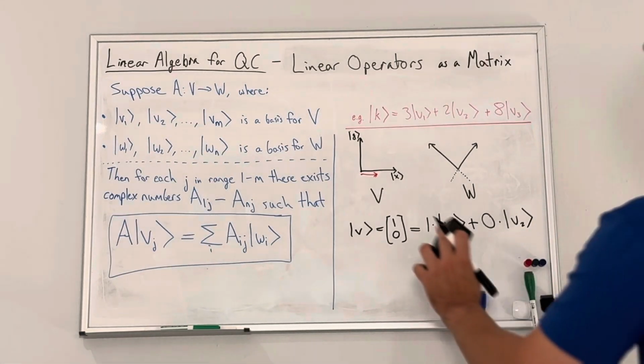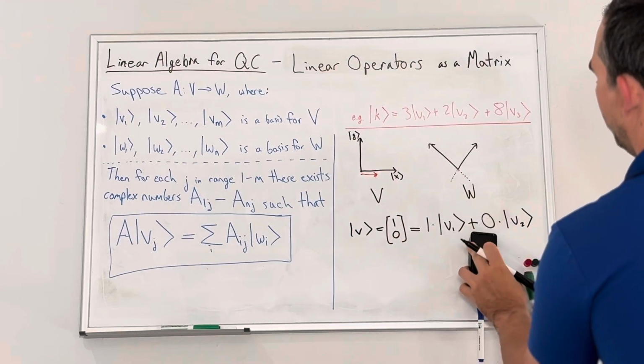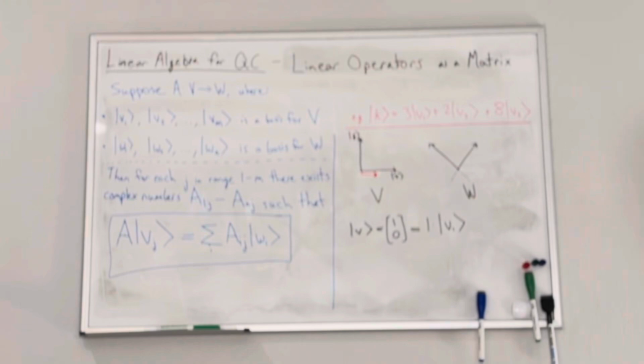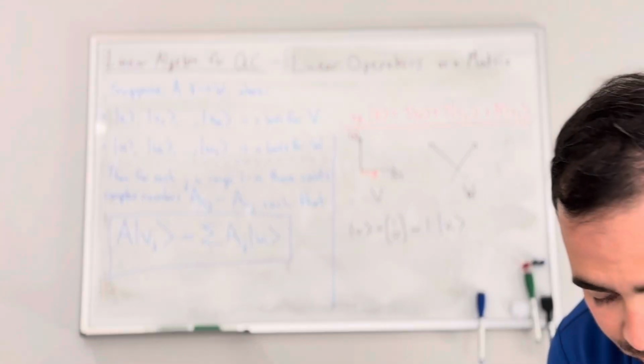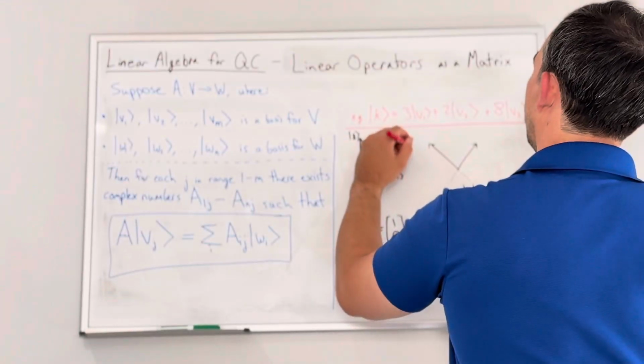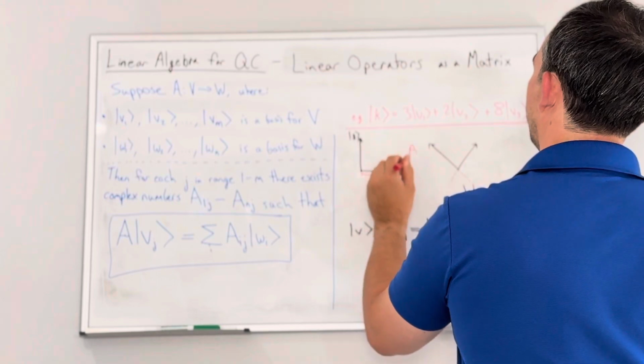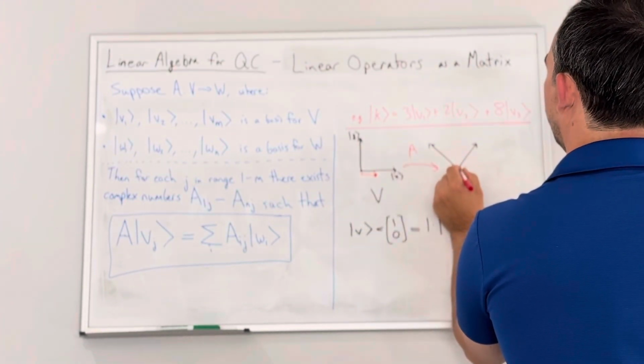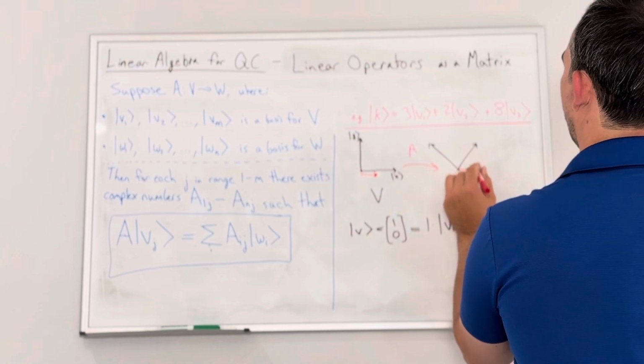Let me get rid of this 0 because it's just cluttering up my board. And then when I use a linear operator A to take it from this space to that space, I'm going to translate the exact same vector over into this space.